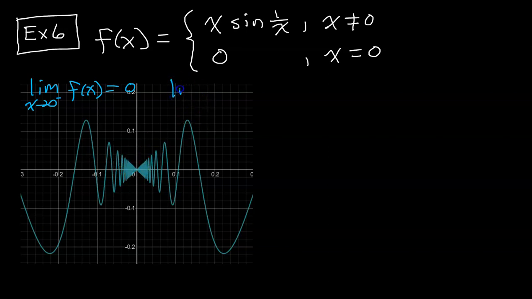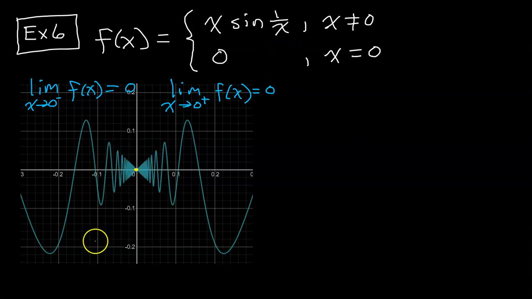And the limit as x approaches 0 from the right is also 0 for the same reason. And then, of course, because of the second piece of the piecewise function, which tells us that at an x value of 0, the value of the function is 0, that fills in this one dot right in the middle, which keeps the function from being undefined like it normally would be at 0.